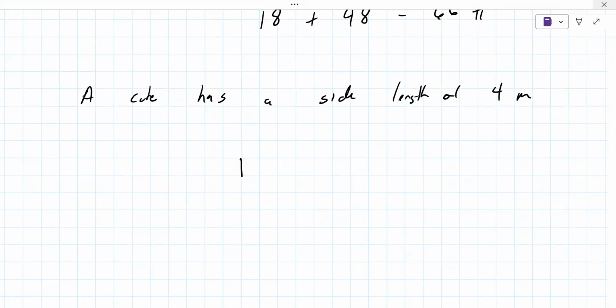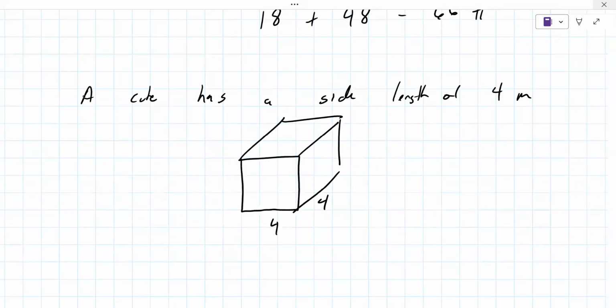So again, what that means is each side is 4. So the surface area, if you recall, you have to find the area of one of the faces, and then multiply it by the number of faces that you see.